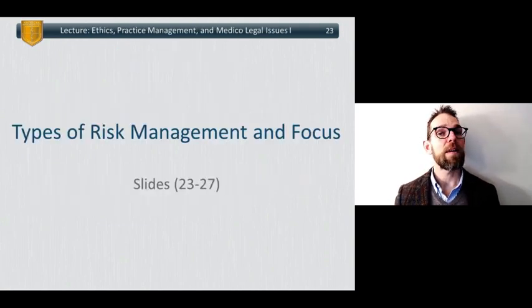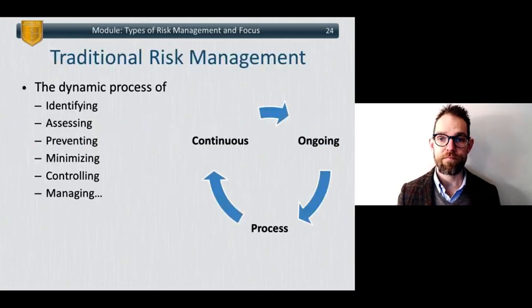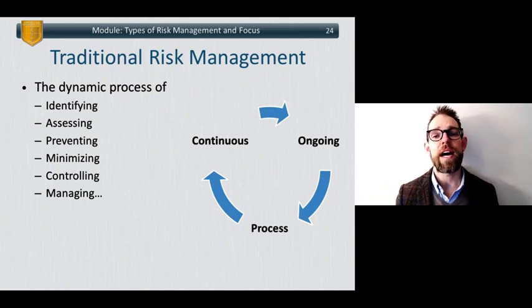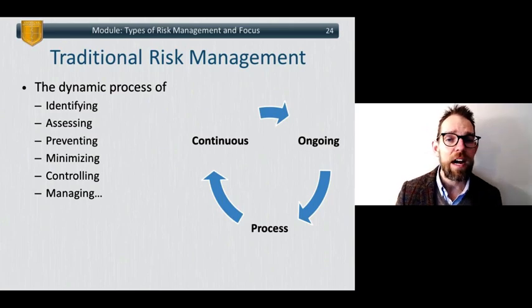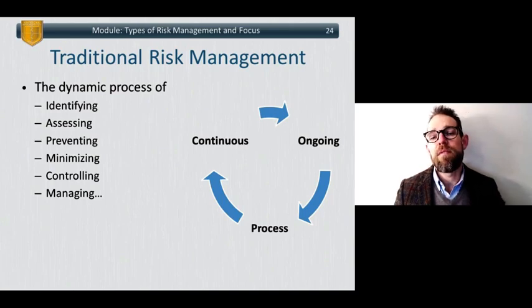Types of risk management and focus. Traditional risk management is a dynamic, continuous, ongoing process that goes in a circle where you're trying to identify risks, constantly assess those risks, and if possible, predict or prevent them before they happen.